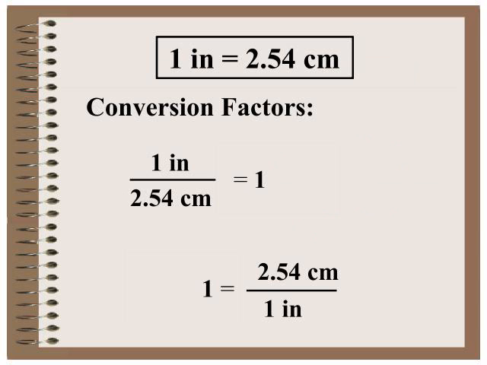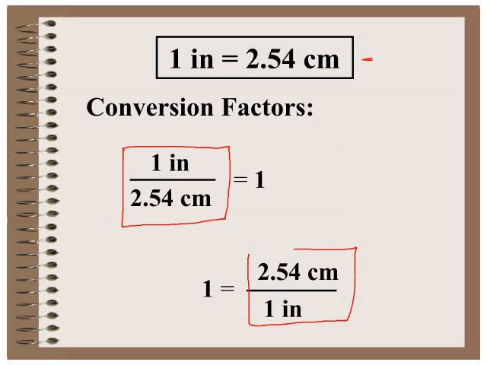A conversion factor is nothing more than an equivalency statement set up as a ratio. And the way that you set the ratio up is determined by what unit you are looking for and what unit you are given. If 1 inch is equivalent to 2.54 centimeters, then placing 1 inch over 2.54 centimeters or 2.54 centimeters over 1 inch gives us an equivalency or conversion factor that's equal or equivalent to 1.